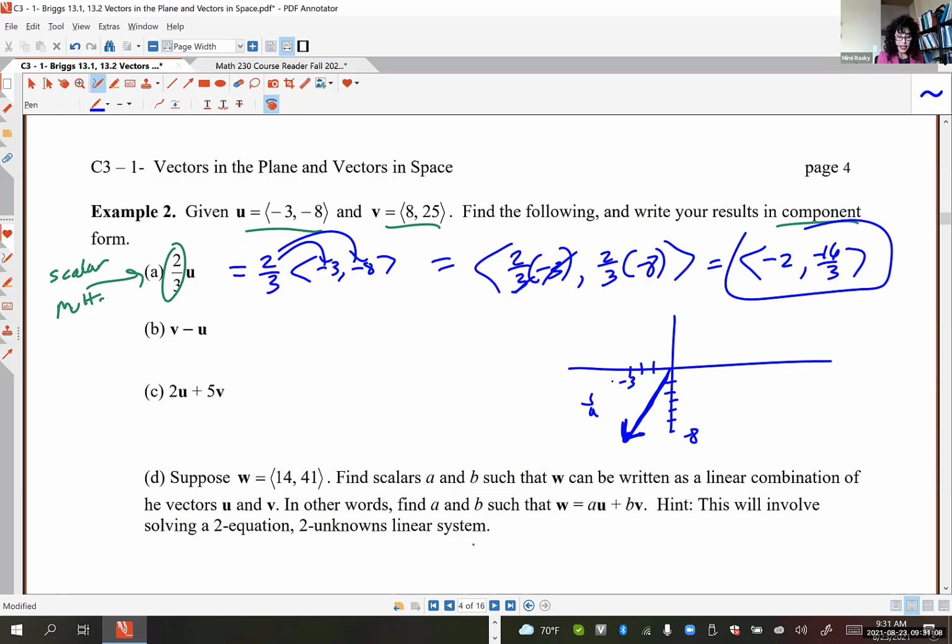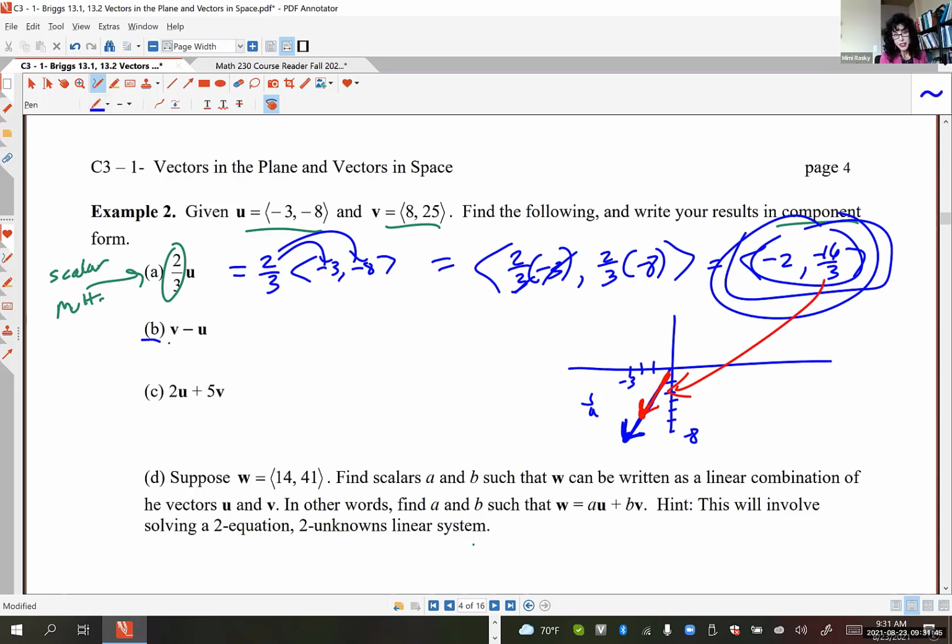And the new vector, which occurred when we multiplied u with 2/3, if you graph -2 and -16/3, you find the x coordinate is -2 and the y coordinate is -16/3. I claim it would be pointing in the same direction as u, but it would be 2/3 in magnitude, 2/3 of the length. And that's it. That's scalar multiplication. Does that help? Yes, it does. Great.